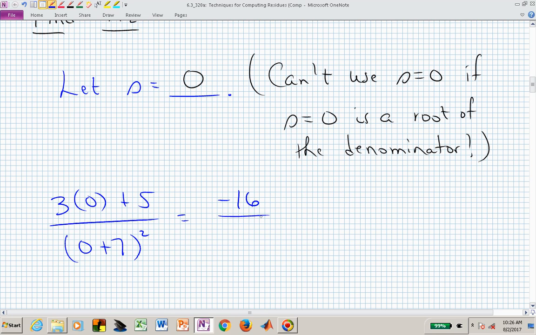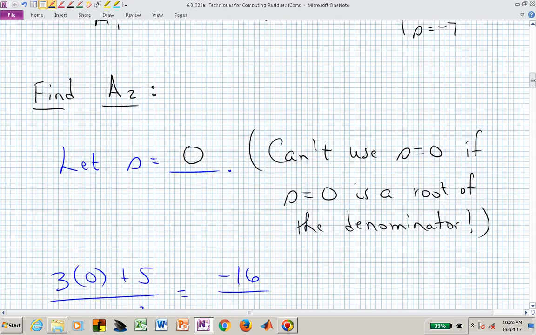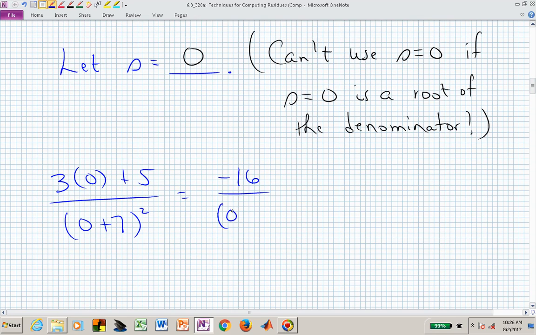That was our a sub 1 that we just found, over s plus 7 squared plus a sub 2 over s plus 7 raised to the first power.